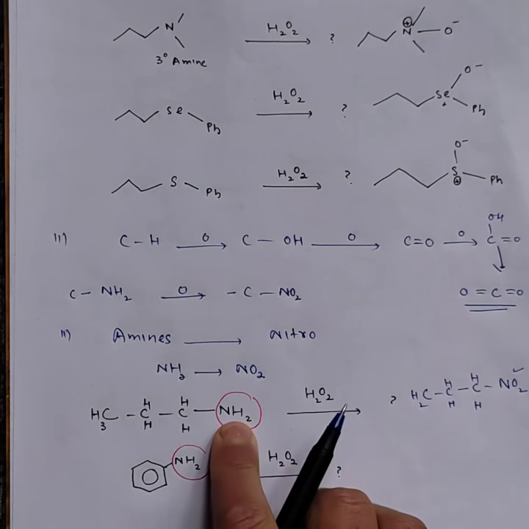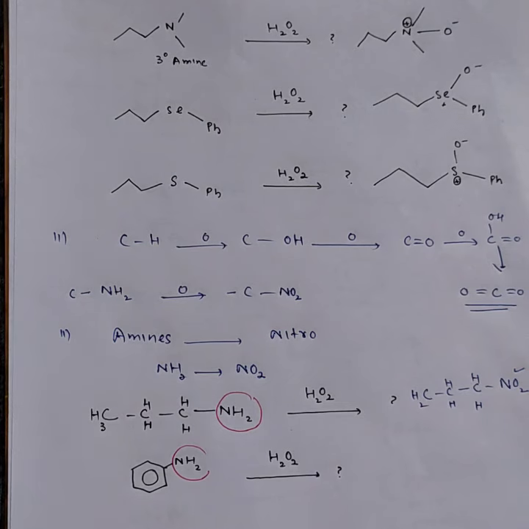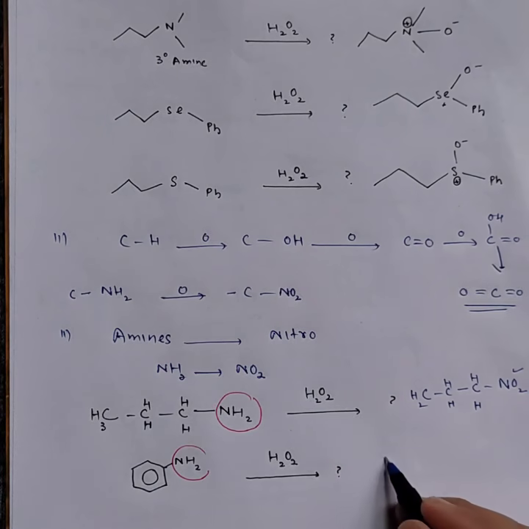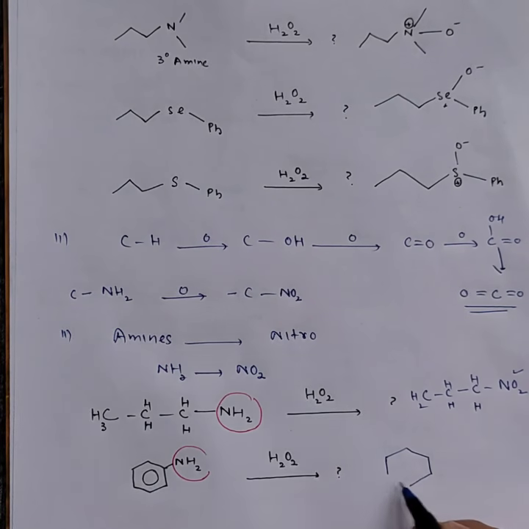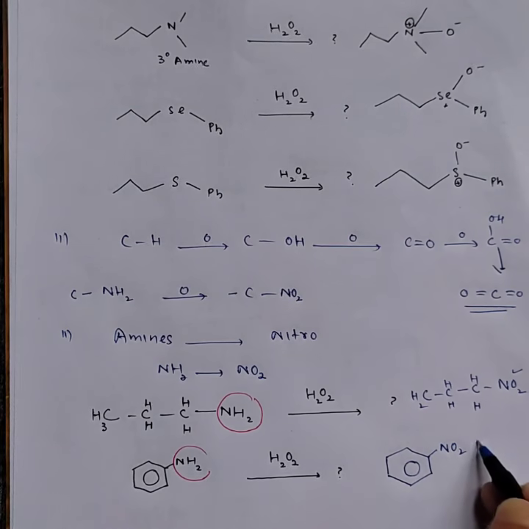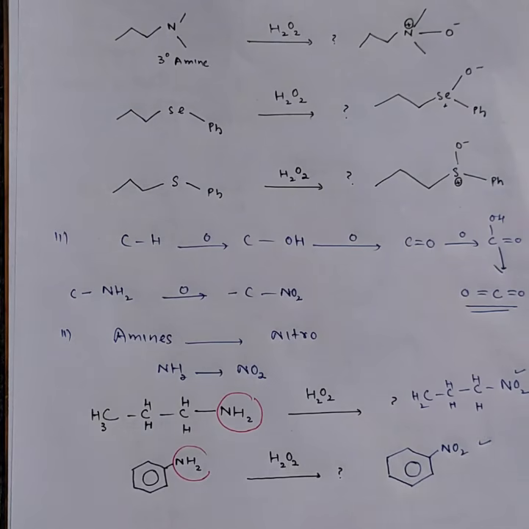So the amine group has got converted into the nitro group, that is the next level of oxidation, likewise for the nitro compounds. So this will get converted to nitrobenzene.